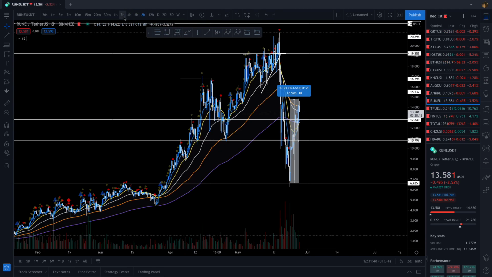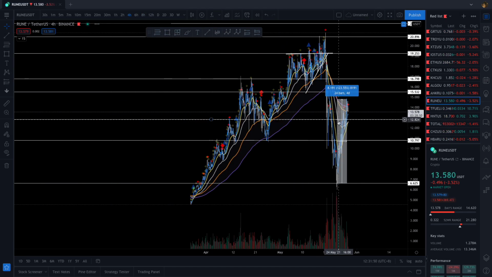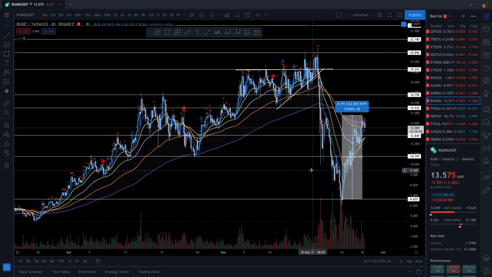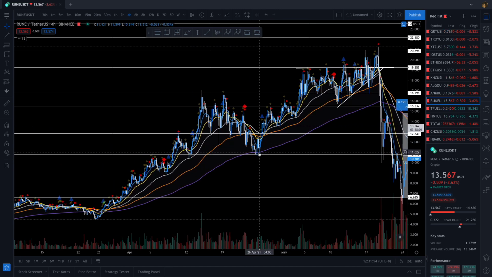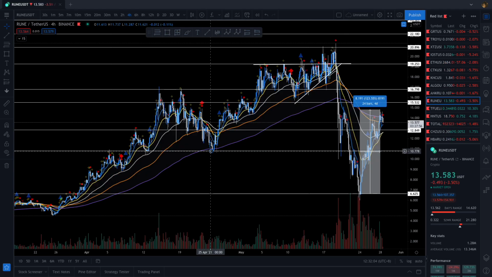But anyways, the way I use EMAs is, first identify your support and resistances. There was a time when I called Rune at 10.8, I believe, and we had a really nice little bounce. If you identified this support line right here, and you notice that price broke above it and comes down, and you see that the 50 EMA is right near this support line, that is extra confluence, right?